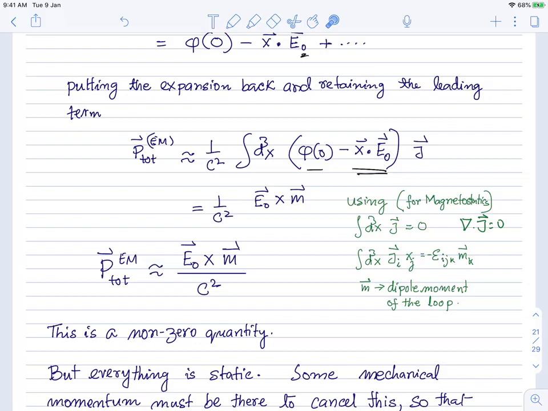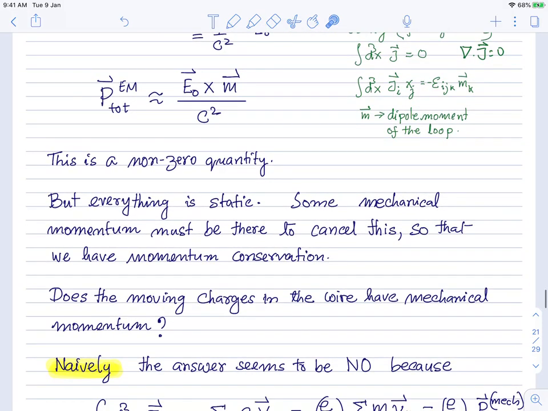So the integration of the Maxwell stress tensor over the infinite sphere, that contribution is just 0. But the volume contribution is still there in the momentum conservation equation, and from the volume contribution we get a non-zero answer. So this must be balanced by some mechanical momentum. Otherwise, conservation of momentum is not going to be valid.